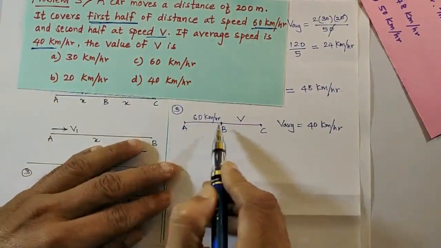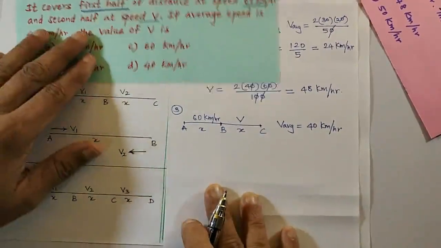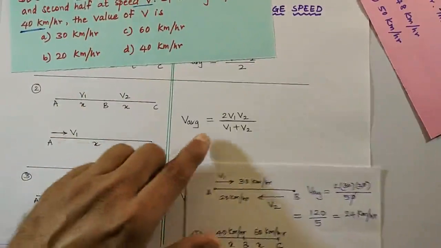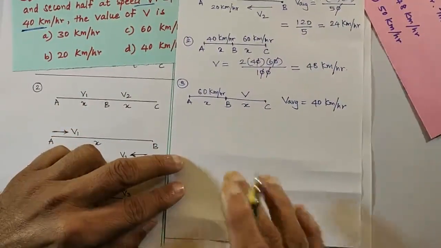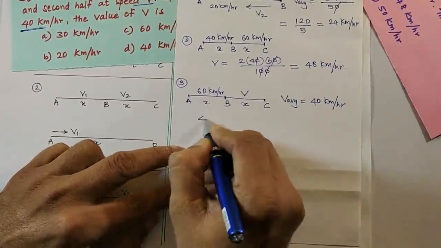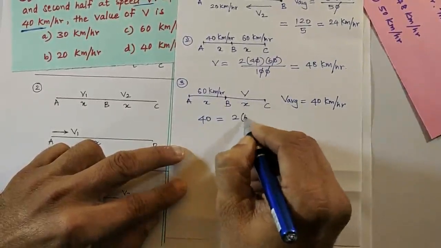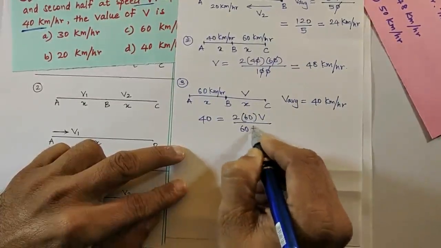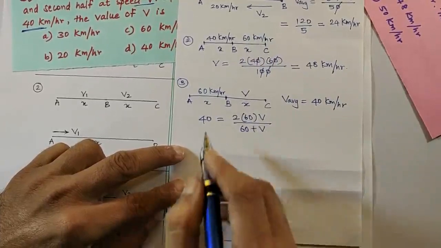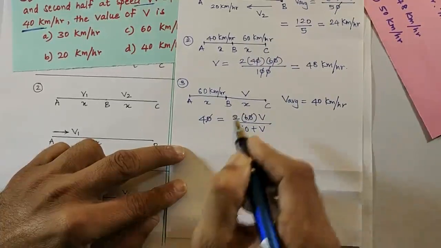So options 30, 20, 60, 40. So again here A to B first half means this distance is equal to this distance. So again it is second case. So again if you apply this formula, you will be having average velocity 40 is equal to 2 V1 into V2, 60 into V divided by 60 plus V. If you simplify, you will have the answer. So this 0 gets cancelled.